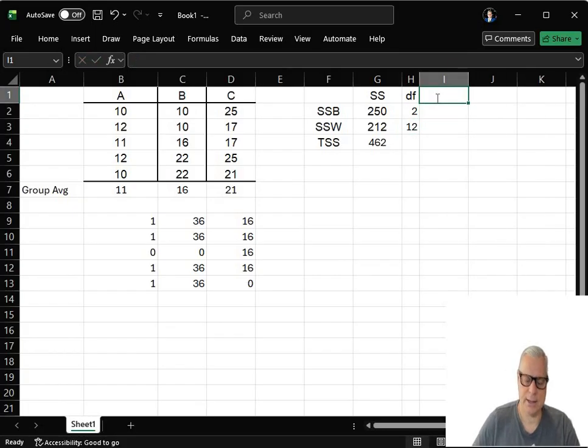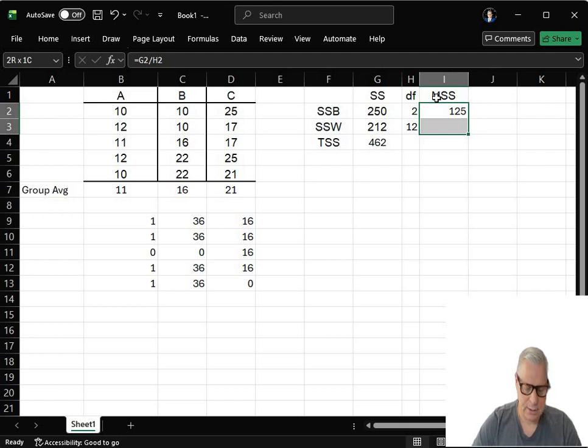Then next we calculate the mean sum of squares. So now we have to divide the sum of squares between the groups, the 250, over the degrees of freedom, which is 2. So that's 125.